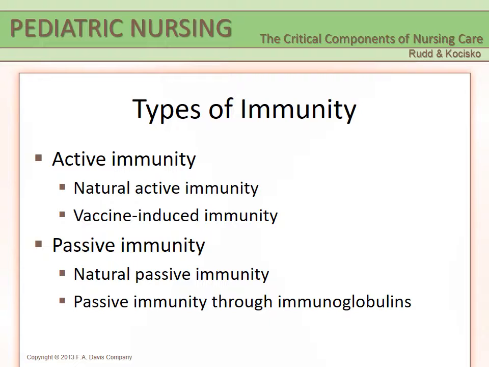So this immunity is going to be more temporary and lasts only for a few weeks or months. Natural passive immunity is antibodies are passed from mother to fetus by way of the placenta. Passive immunity is given through immune globulins to provide immediate protection against a disease. All right, so just review that and remember what all that stands for.